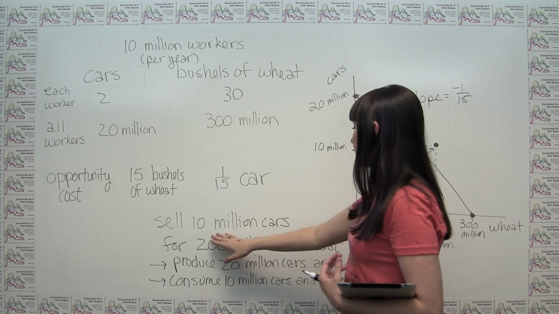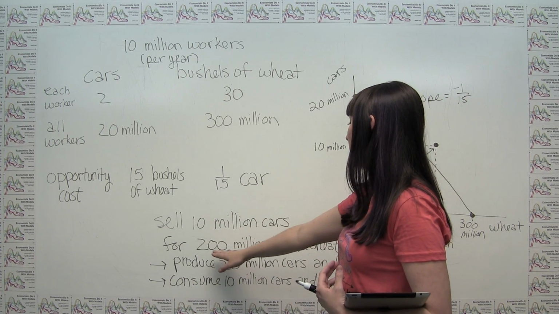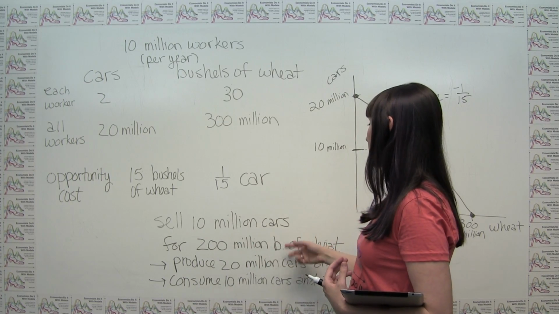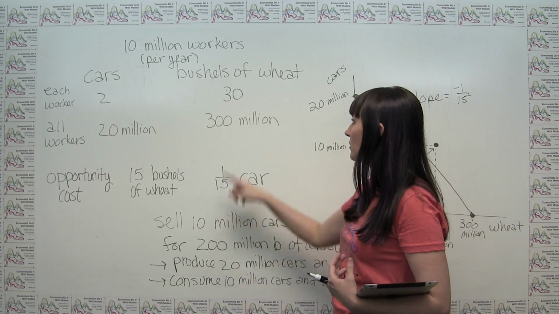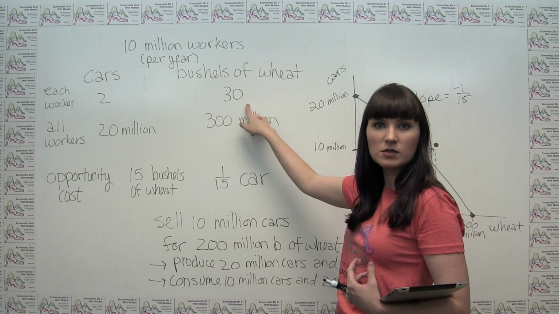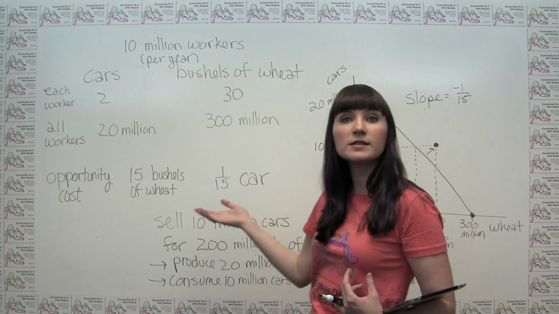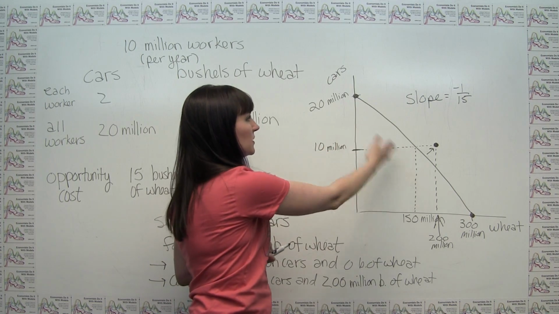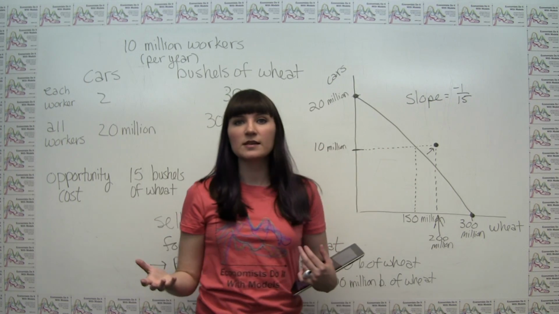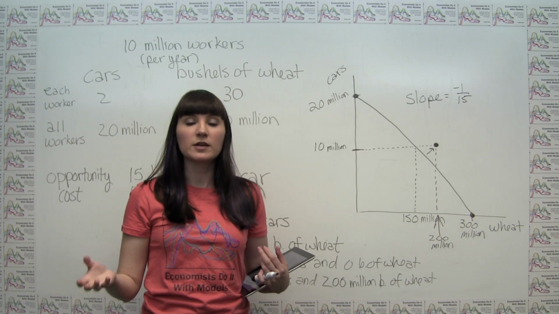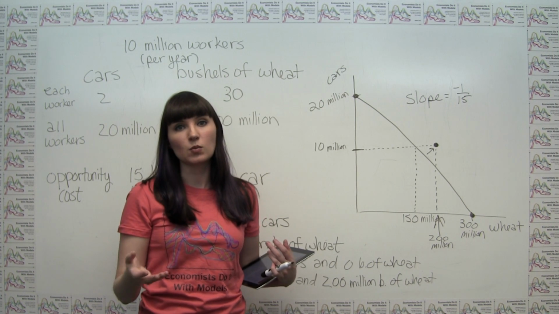We're being offered a deal where Canada is being paid 20 bushels of wheat for each car. So we're getting paid more than it cost us to produce cars. It's not surprising then that would make Canada better off, because it makes Canada better off in exactly the same way as any producer is better off when it can sell an item for more than it costs to produce that item.